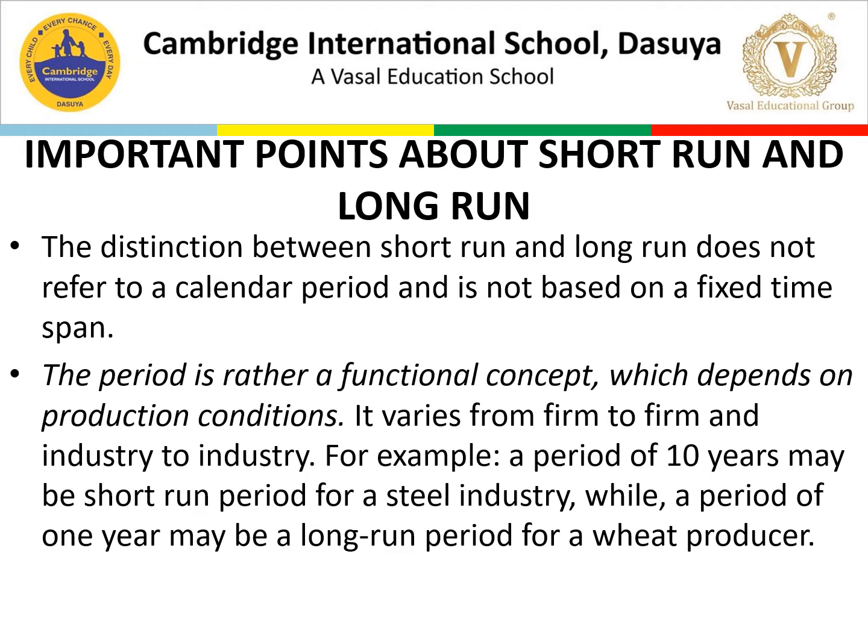We consider it the short run period for the steel industry because we have to make some changes, and those changes will be produced in 10 years as a short run period. While a period of 1 year may be a long period for a wheat producer because his crop has a particular season. Because of that season, that person has a long run period as a producer of wheat of even 1 year.